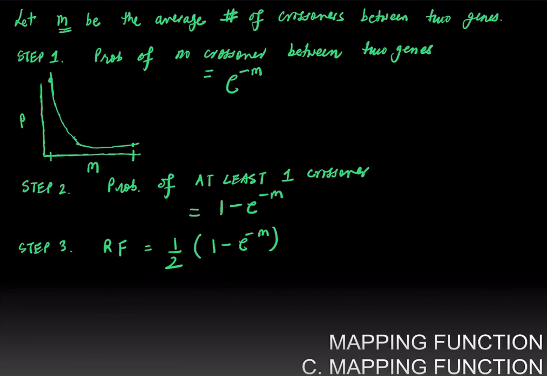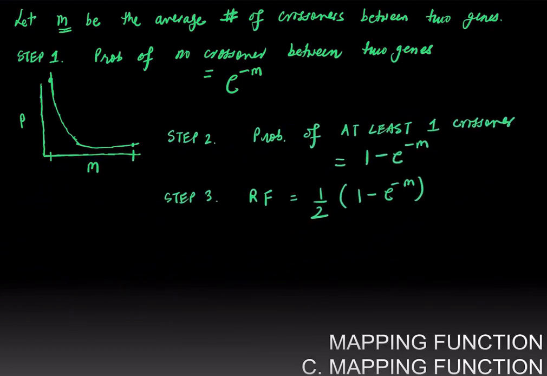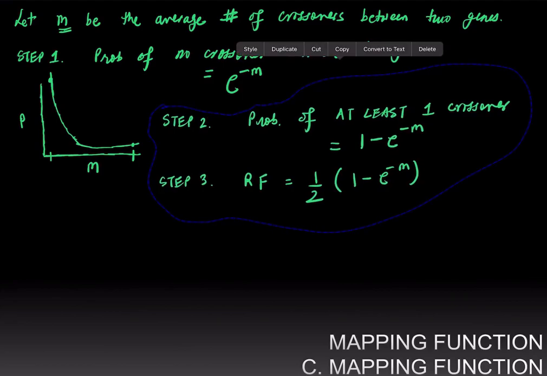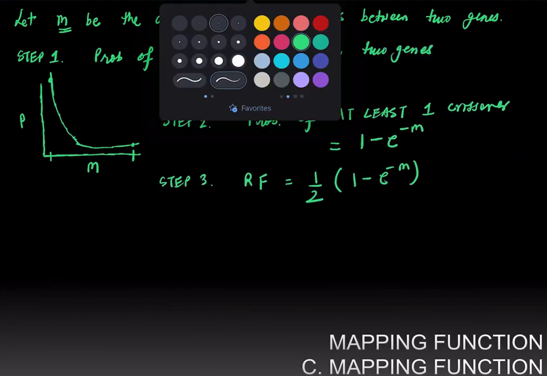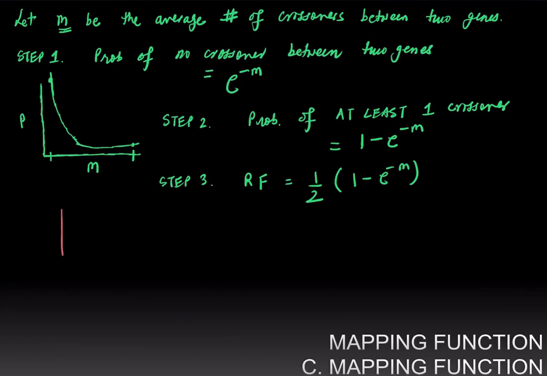First, I'm going to make some space. If you plot this mapping function, where on the x-axis you have m, the average number of crossovers, and on the y-axis you have measured recombinant frequency, this function looks very much like the function we plotted.